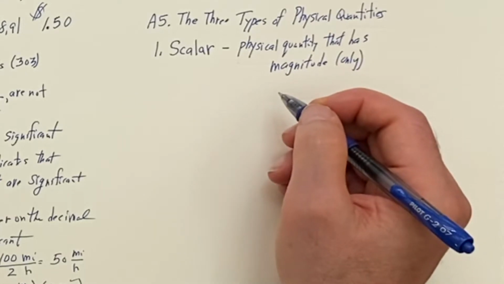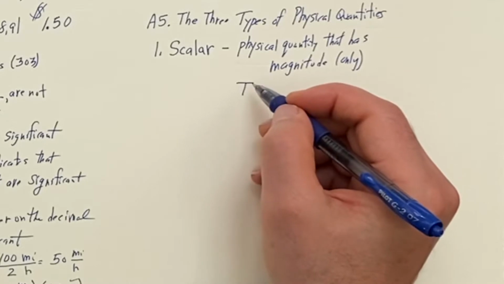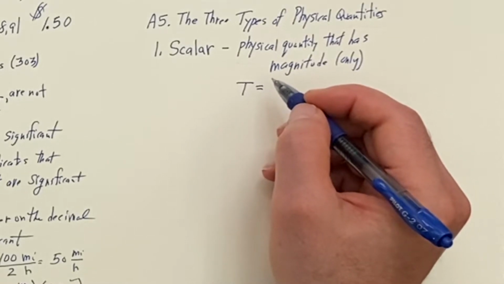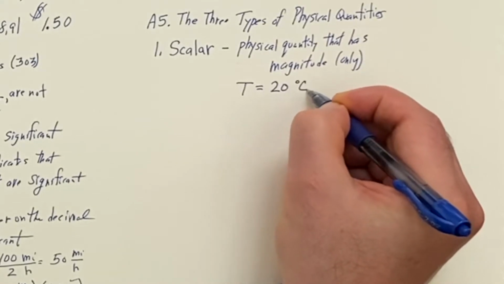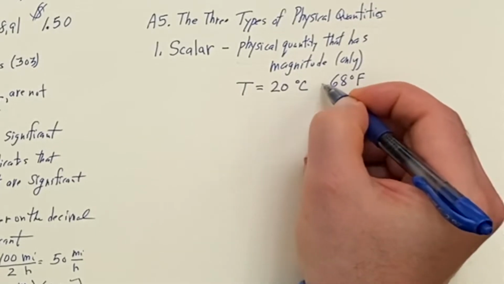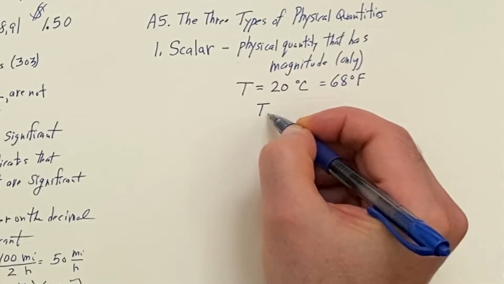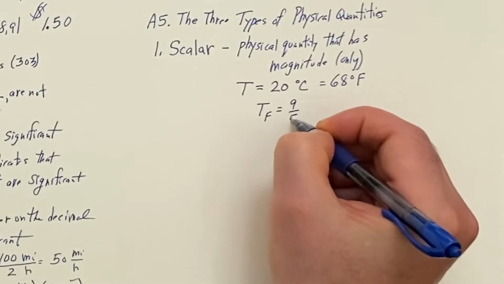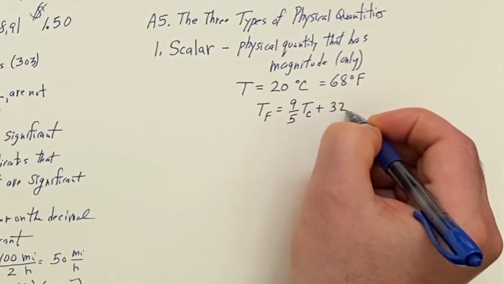So a good example would be your temperature. For example, your temperature, and notice that T is being used a lot here. In physics, we use letters for different purposes. So 20 degrees Celsius or 68 degrees Fahrenheit. In fact, these are equal. There's a cool formula that says to get the Fahrenheit temperature, you take 9/5 of the Celsius temperature and add 32.